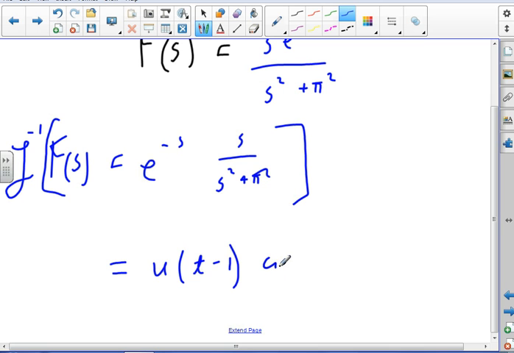So it's going to be cosine of pi times t minus 1, and now I'm done, except for doing the graph, which I'm not going to do.